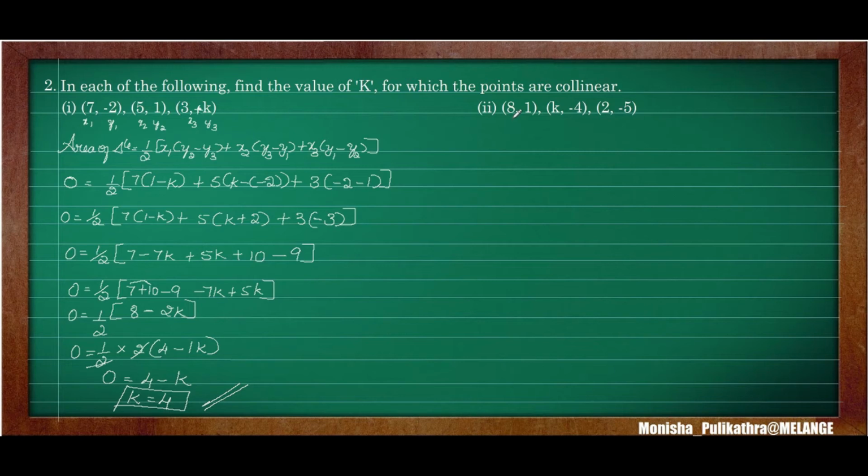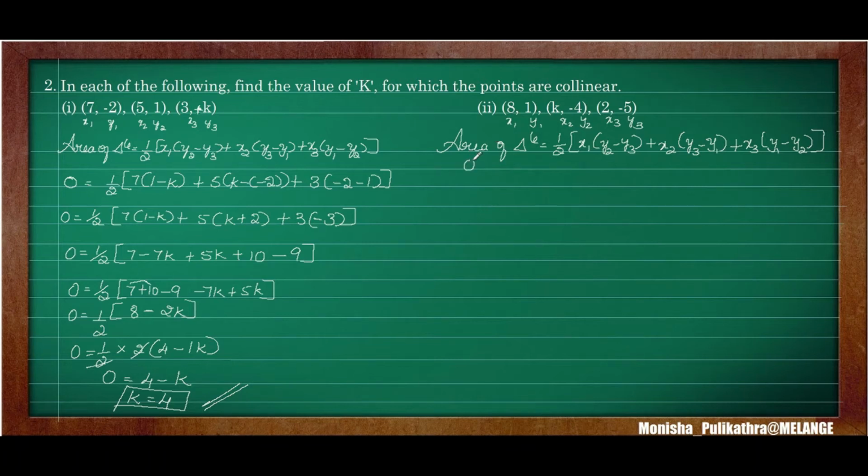Let us go to the next one. First name it x1 y1, x2 y2 and x3 y3. Next we need to write the formula. Area of triangle is equal to half into x1 into y2 minus y3 plus x2 into y3 minus y1 plus x3 into y1 minus y2.